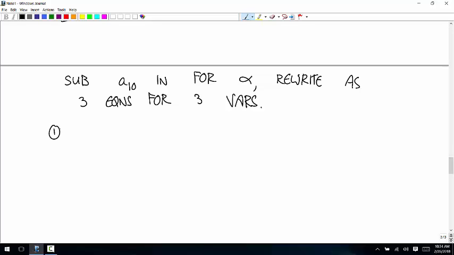So the first equation said T20 plus 20 A10 is equal to 98.1.